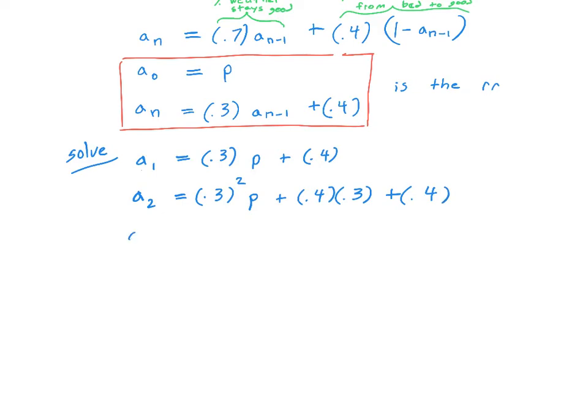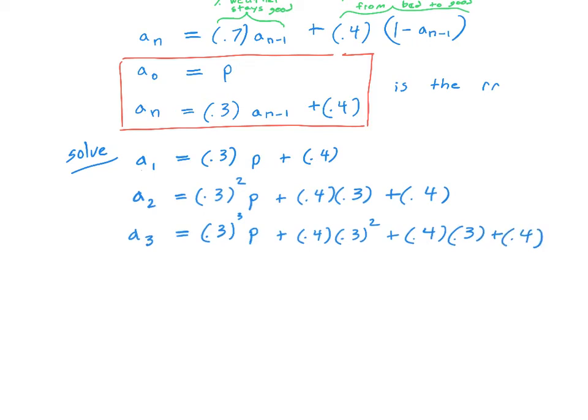And we keep doing this, remember not to simplify, until we notice some kind of pattern that occurs. So 0.3 gets multiplied by everything from above, so 0.3 cubed p plus 0.4 times 0.3 squared plus 0.4 times 0.3 and then plus 0.4.